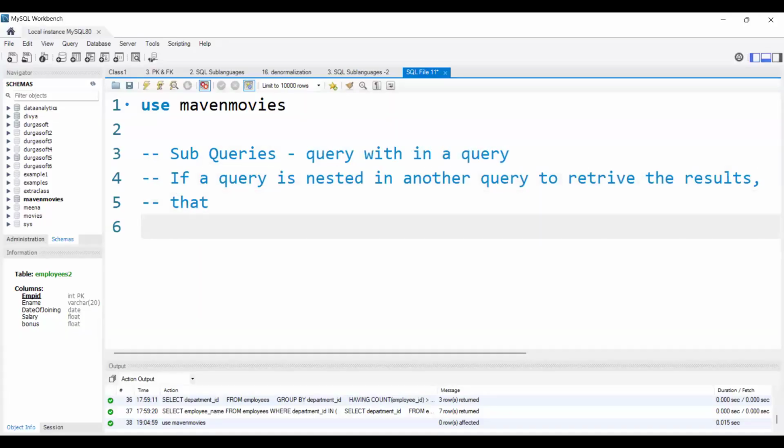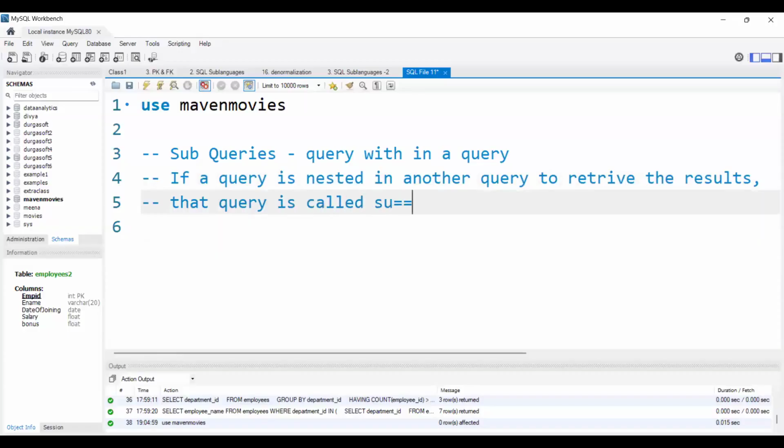We will write one query, and within that query we will write another query. Nested means we keep one query inside another query to retrieve the results, and then that query is called a subquery. Let's see some examples, then you can understand.